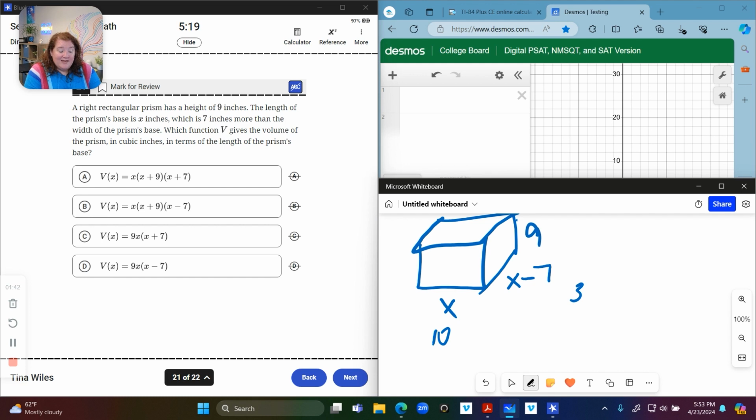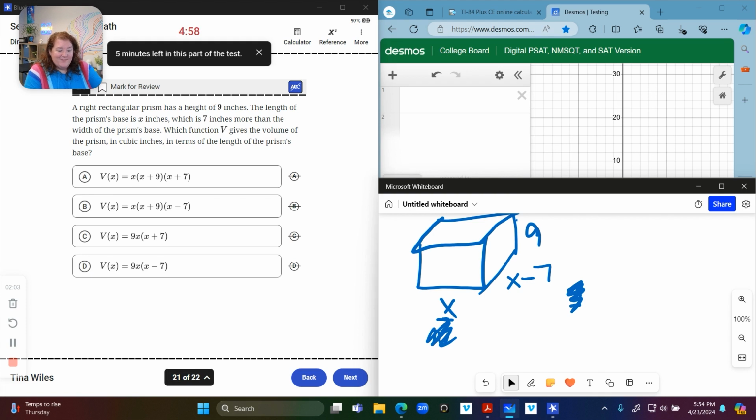This is 7 inches more than the 3. The way it's worded can throw you off, which is why I just plugged in the number 10 to see how it works. So instead of having X plus 7, which is typically how you would see it on a problem, this makes it a little bit harder by subtracting it.